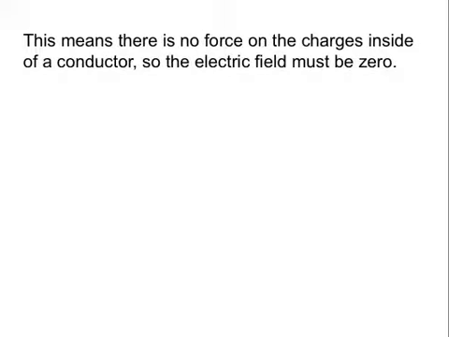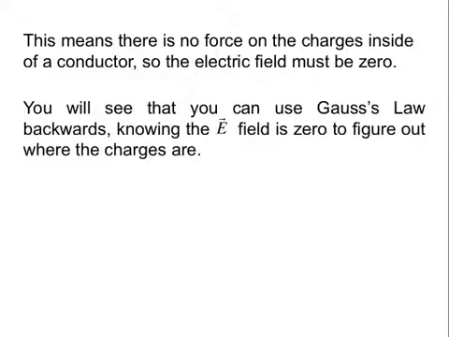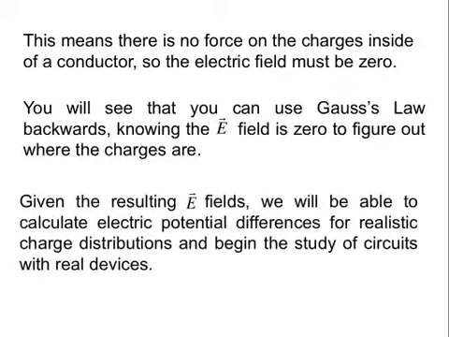This means there is no force on the charges inside of a conductor, so the electric field must be 0. You will see that you can use Gauss's law backwards, knowing the electric field is 0 to figure out where the charges are. Given the resulting E fields, we will be able to calculate electric potential differences for realistic charge distributions and begin the study of circuits with real devices.